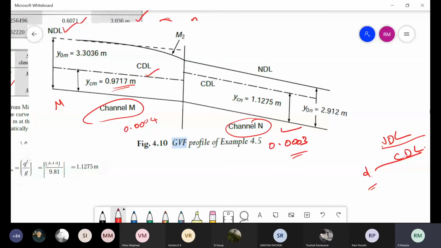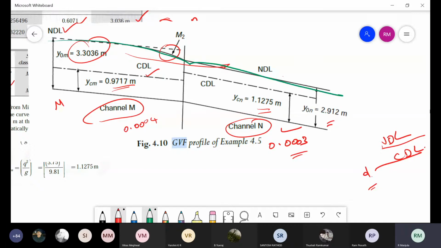Here y0 is 3.3 meter and yc is 0.97 meters. So how will the flow be? There is a break, and here you have yc of 1.12 and y0 of 2.9. So your normal depth line is reducing from 3.3 meter to 2.9 meter, and hence the flow will be like this, isn't it?